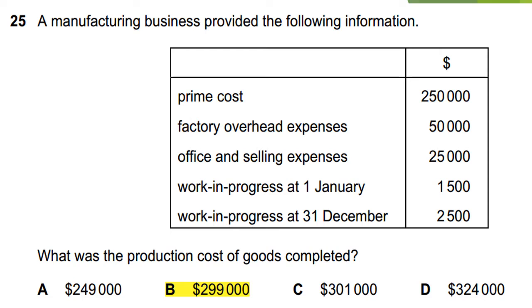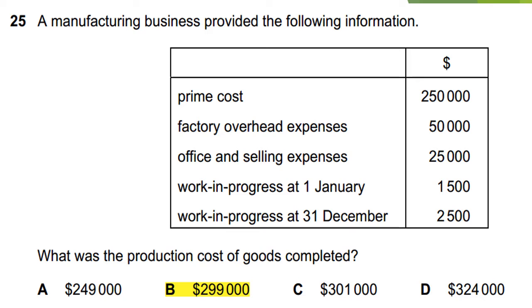So first we will add prime cost plus factory overhead, then plus work in progress. Office and selling expenses are not part of the manufacturing cost, so they will not be included in the manufacturing account. The remaining four items will be added in manufacturing cost.